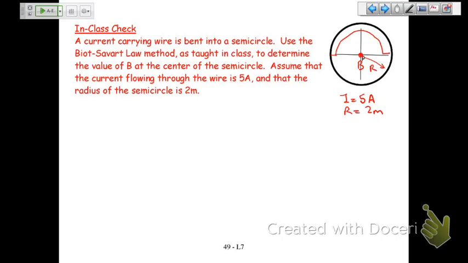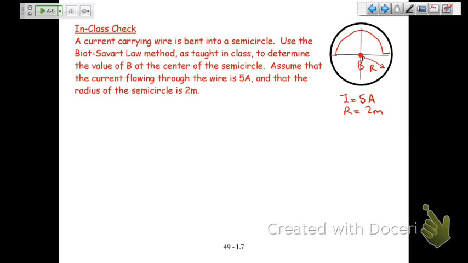The other thing I can play with is I could give you the radius, and that will define the circle, or I could give you the length of wire. I can define a circle by telling you its radius, or I can define the same circle by telling you its circumference. So they're my two choices.